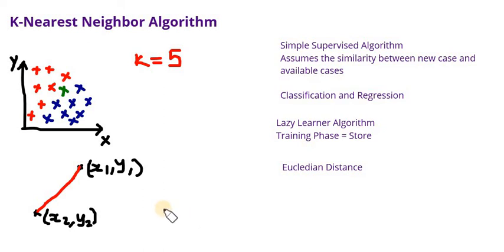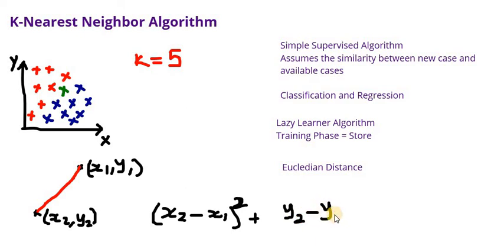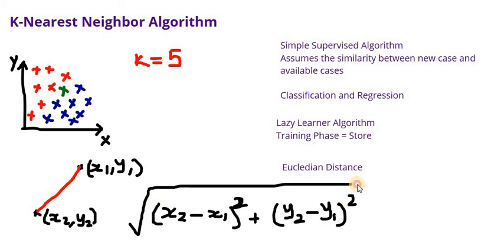It is x2 minus x1 the whole square plus y2 minus y1 the whole square, and we need to take the square root of this entire expression.